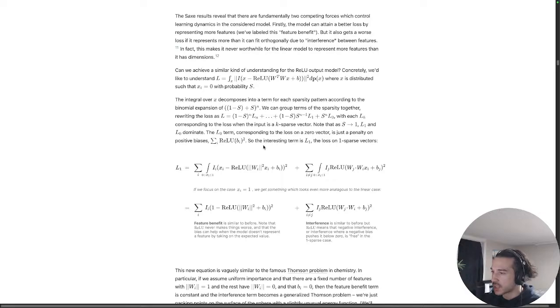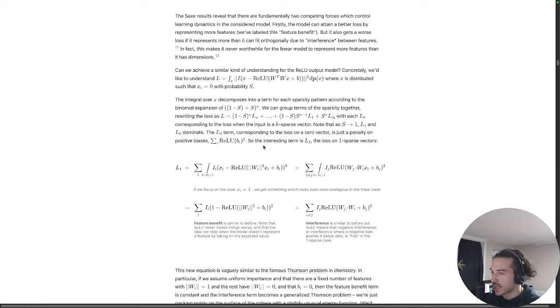The L sub 0 term, corresponding to the loss on a zero vector, is just a penalty on positive biases: the sum for all i of the ReLU of bias i, squared. So the interesting term is L sub 1, the loss on 1-sparse vectors.